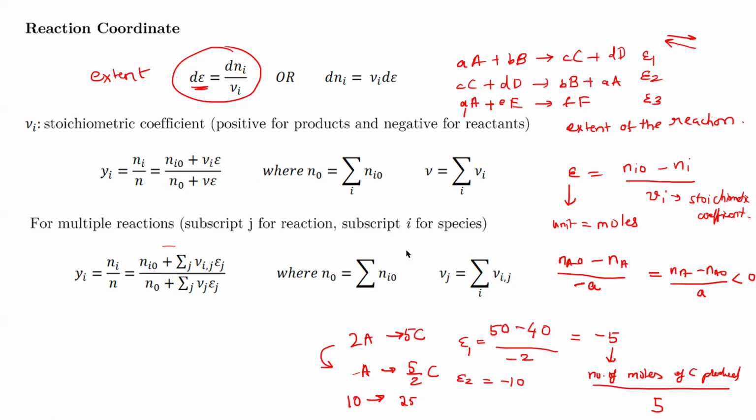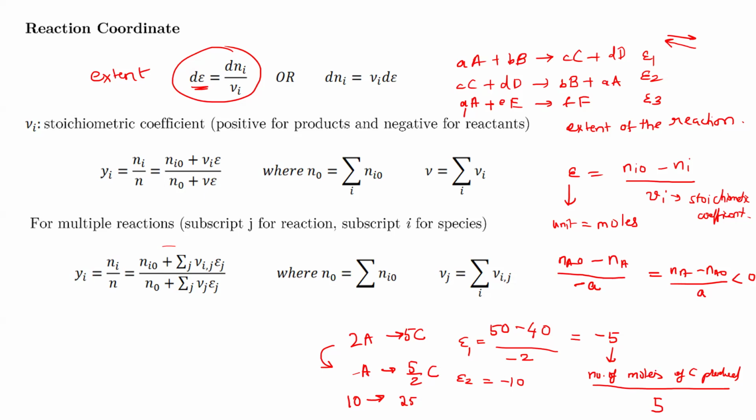The trick is that from the extent of the reaction you can also tell how many moles of C are produced. The same extent is equal to the number of moles of C produced divided by its stoichiometric coefficient.